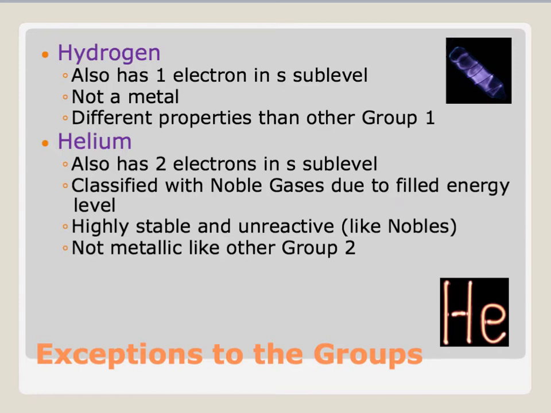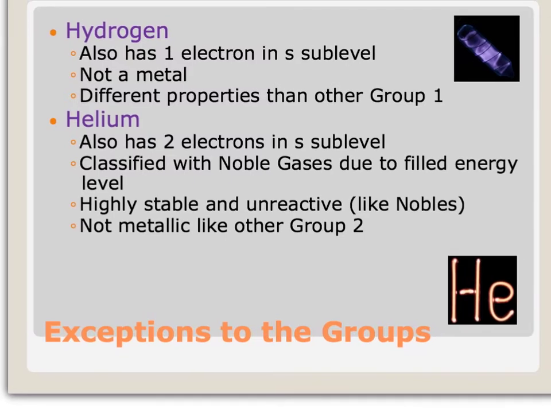Then we are going to look really quickly at a couple of the exceptions. So I mentioned hydrogen and the fact that it's grouped because of its electron. Helium also has 2 electrons in an S sublevel, right? 1s2 describes helium.